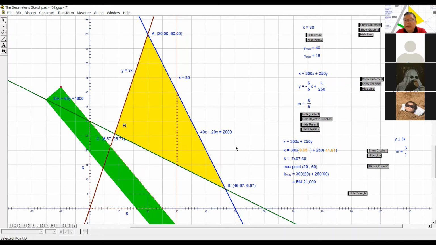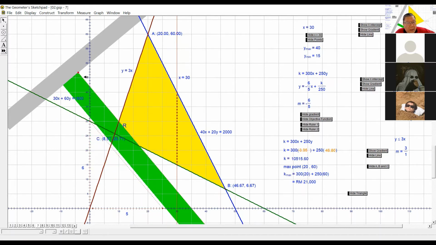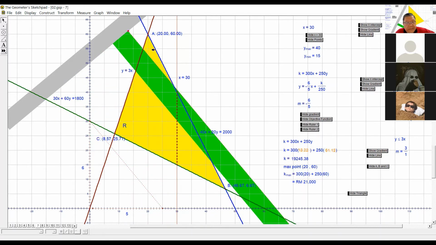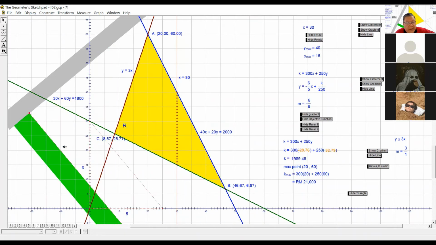Then you use a second ruler, place it at the base of the first ruler. I place the second ruler, which is gray, on the base of the first ruler. After that I slide the first ruler along the second ruler.